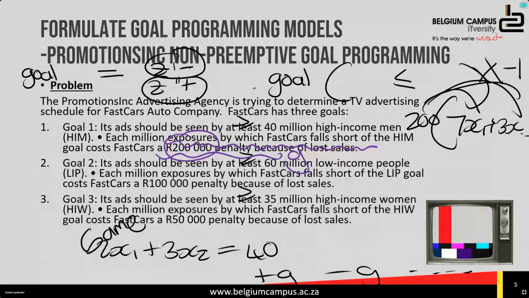If I don't talk about penalties at all, I have to have some order of importance. Otherwise, how am I going to know what to meet first? Because not all your goals will necessarily be met. So I have to think what is more important. It's very unlikely that we'll let you think on your own, because me and you don't think the same. So we'll give you some guidance in what order to go, but if there's a penalty, that's what you want to minimize. But if I say skip the penalty and take this order, then you take the order.